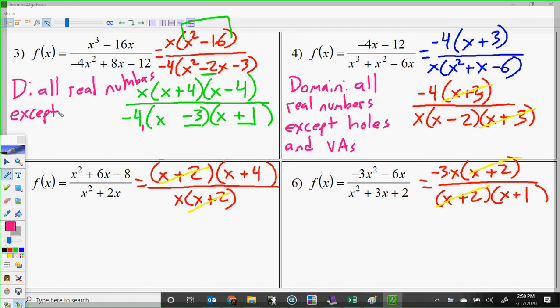We didn't have any holes, but we had our vertical asymptotes at x equals 3 and -1. So that's my domain.